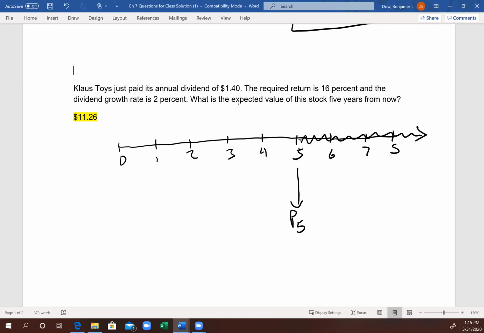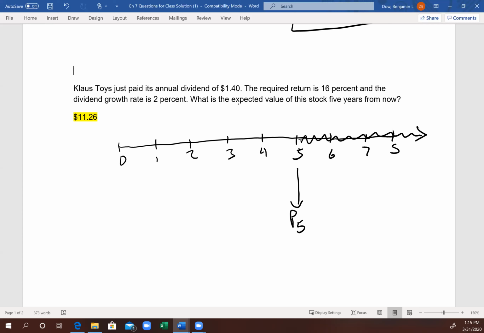All right. Since we know D1, D2 is equal to $1.428 times 1.02, or $1.4566. And then you just keep going through until you finally get down to D6.